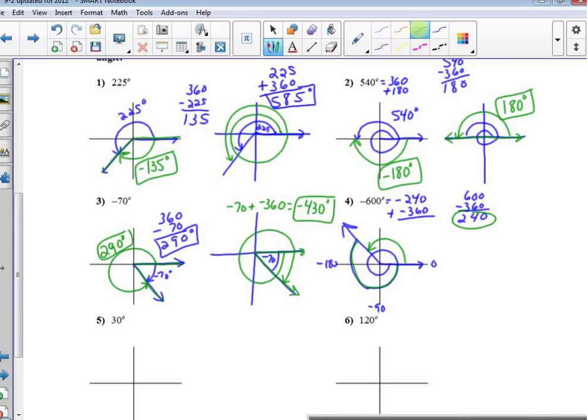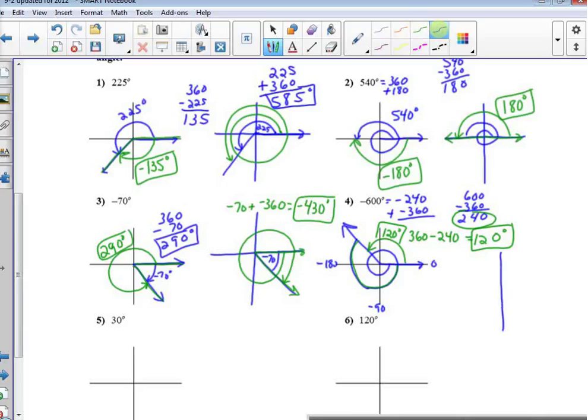So to find what meets that, I would just take 360 minus 240, and that is equal to 120. So one of the angles coterminal here is 120.